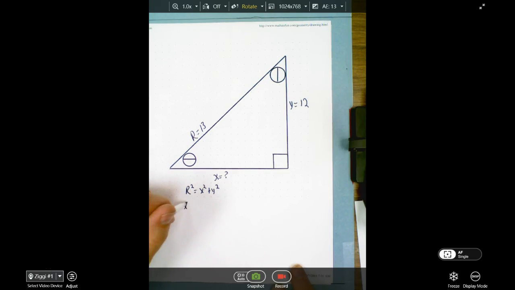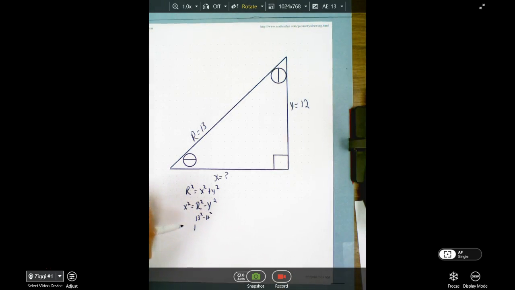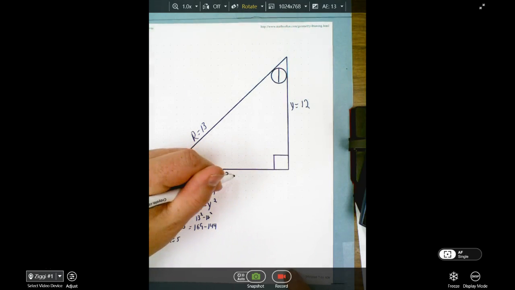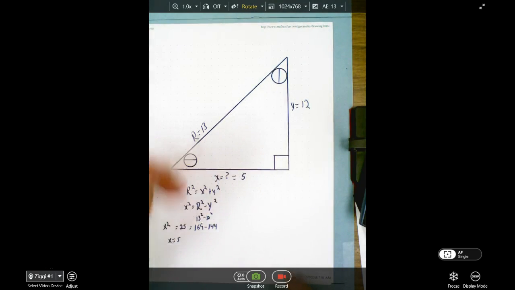Therefore, we can say x squared equals r squared minus y squared. 13 squared minus 12 squared. That's what? 13 squared is what? Like 169 minus 144 equals 25, which is equal to x squared. X equals 5. So in theory, this is equal to 5.